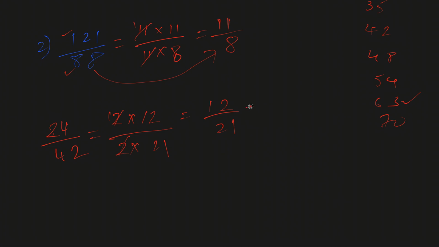But this is not the final answer, because there is a number that has both 12 and 21 in its table. 12 is 3 times 4, and 21 is 3 times 7. Again, 3 over 3 is 1, and we are left with 4 over 7.